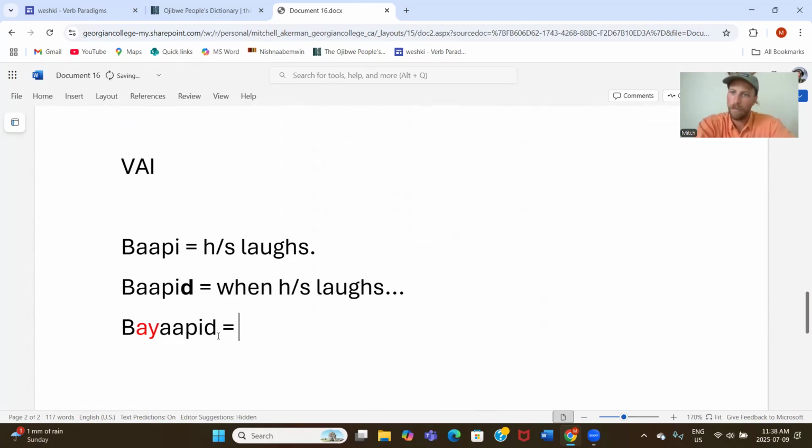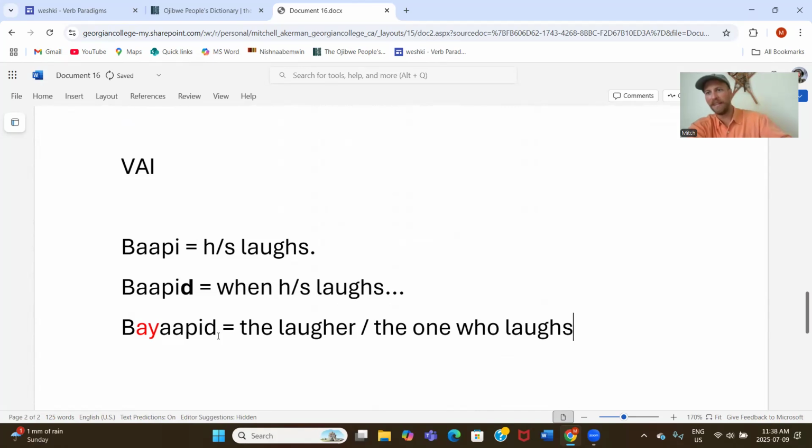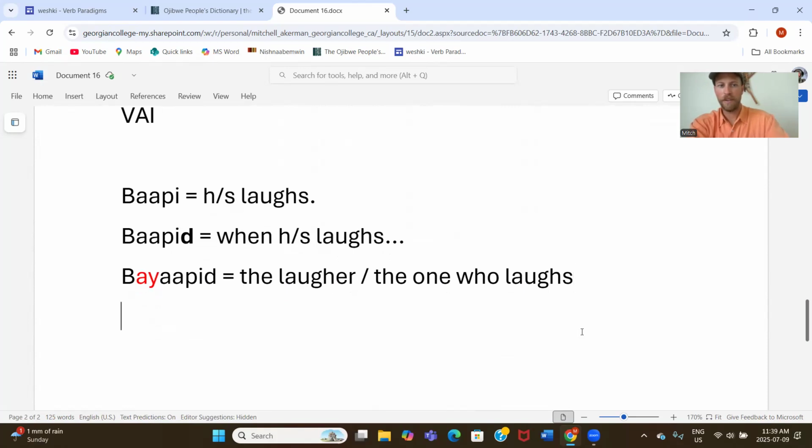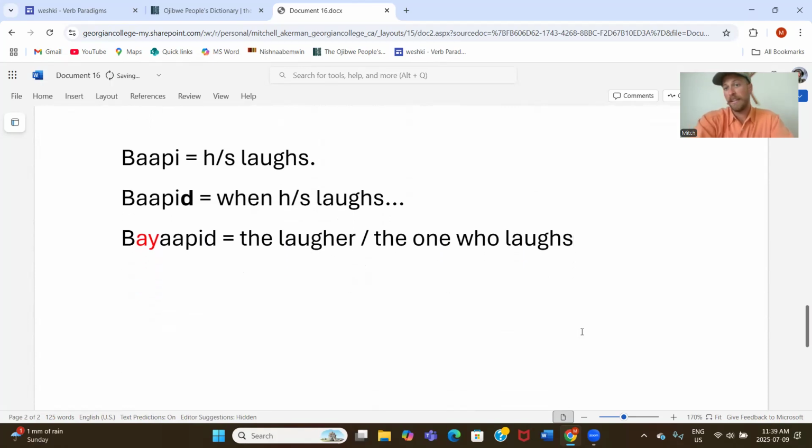So now we have biopid, and biopid is the laugher, the one who laughs. So bopid, he laughs, when he laughs, and biopid, the one who laughs.